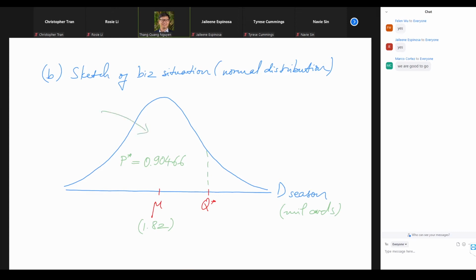So this one right here is called the service level, because if demand falls here, below the Q star, then we will have enough stock to sell, right? We serve the demand. So we call it the service level on the left-hand side. Or in other words, we can also call that the in-stock probability.